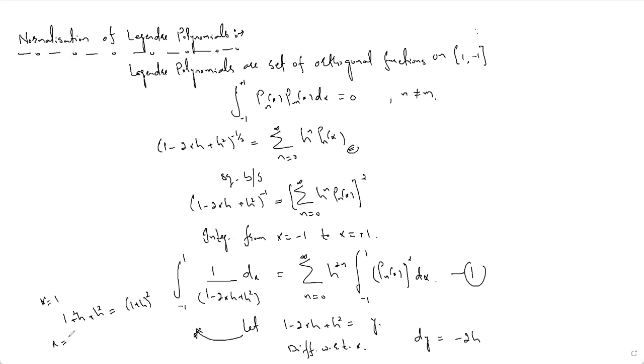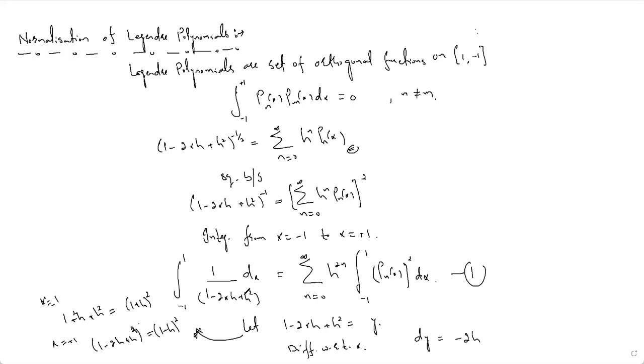And when x is equal to +1, it will be 1 minus 2h plus h square, so it will be (1 minus h) whole square, a minus b whole square. So the limits will also change here.